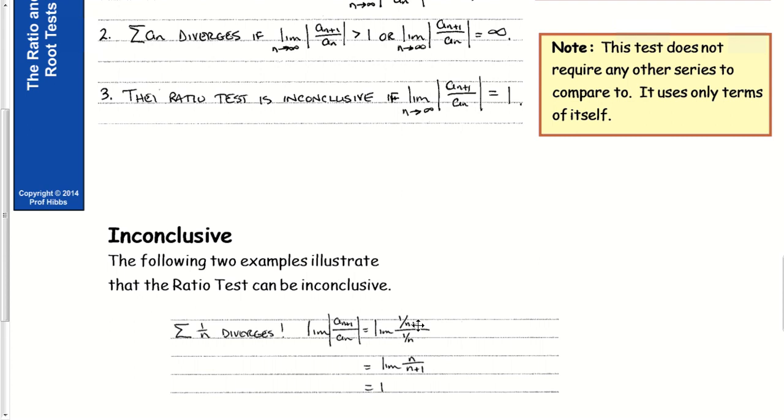When we simplify by multiplying by the reciprocal of 1 over n, we end up with n over n plus 1. We really are taking the limit of n over n plus 1, and we have enough tools to recognize that that value is 1. So with the ratio test we end up with a value of 1 on this limit, and we wouldn't be able to tell whether it converges or diverges. We happen to know it diverges.